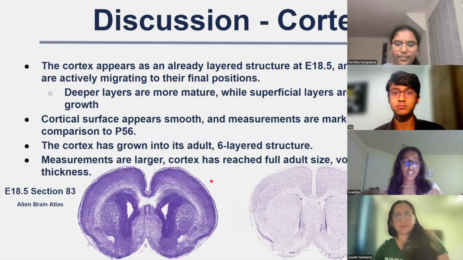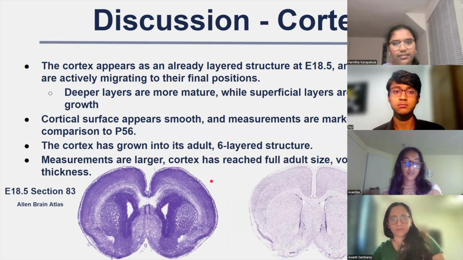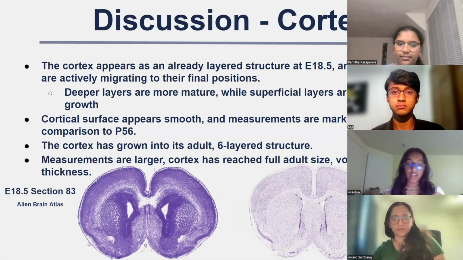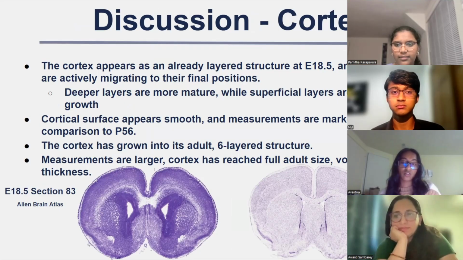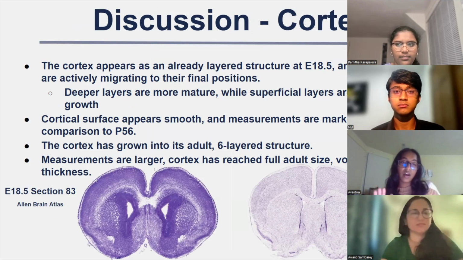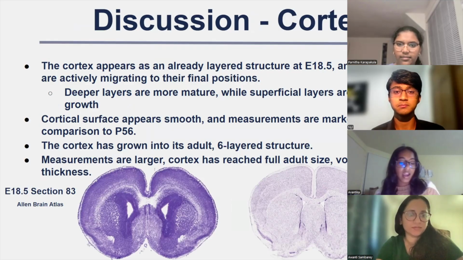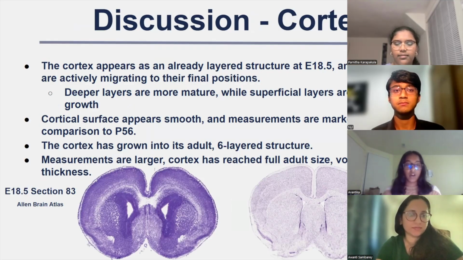Through the data, we found a lot of interesting information. Firstly, the cortex appears as an already layered structure at E18.5, and the cortical neurons are actively migrating to their final positions. This means this section of the brain has developed quicker and is almost done developing, but it's still in the process.